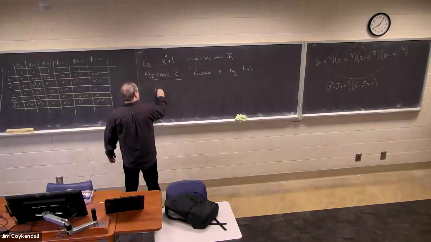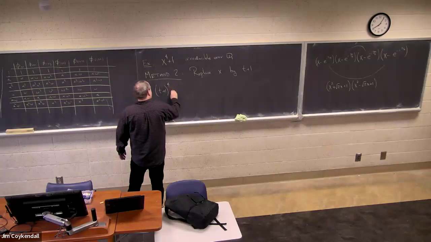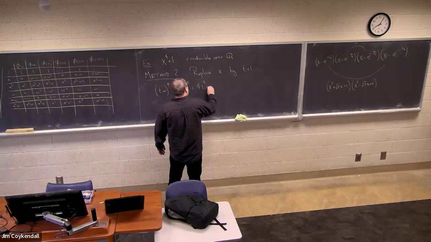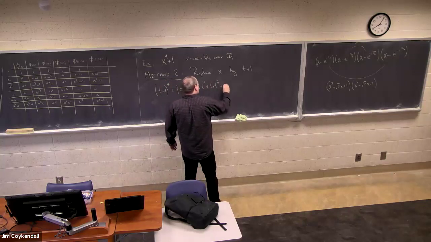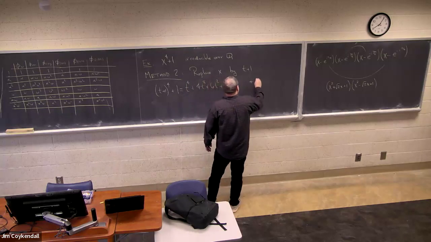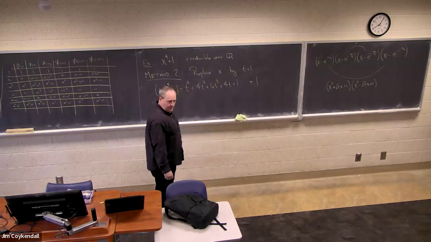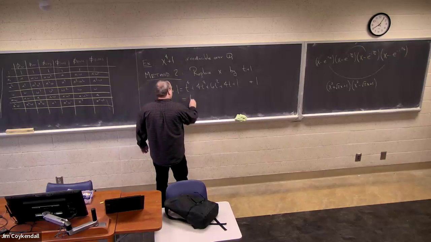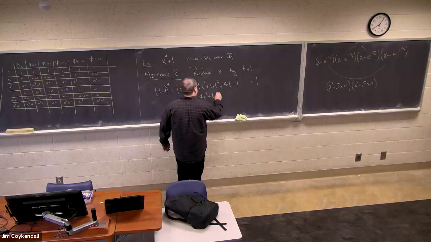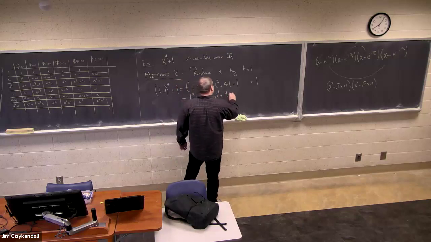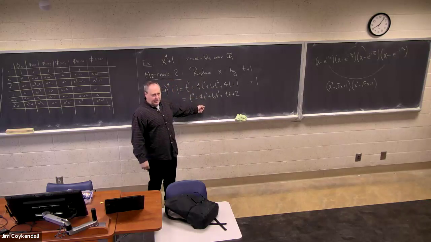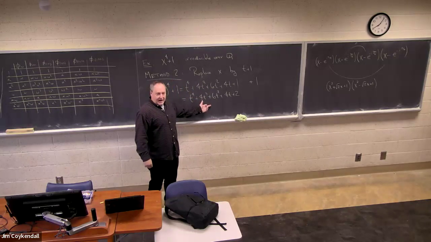So this becomes this, which is, polynomial is Eisenstein at 2. Great. So this one can't be factored.